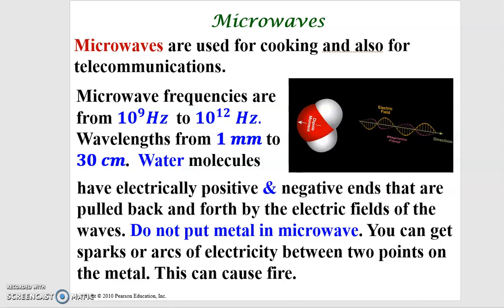In other words, when the microwave hits the water molecules, the energy will be given to the water molecules, and the energy will start to vibrate the particles within the water molecules and make them get hotter and hotter, and the temperature will increase. And that's the reason why your food becomes hotter and is heated.